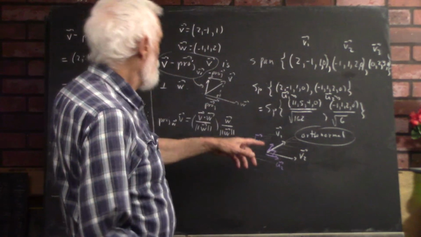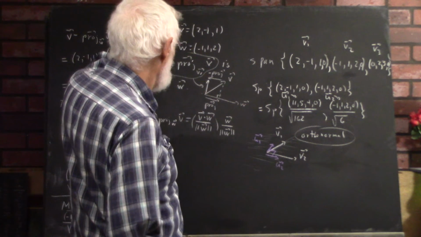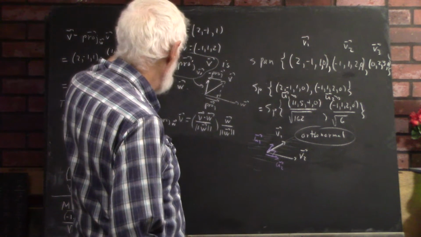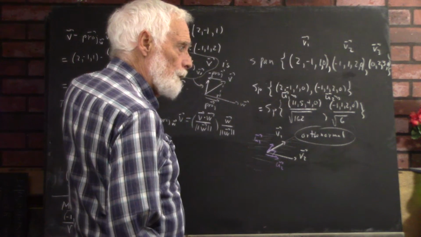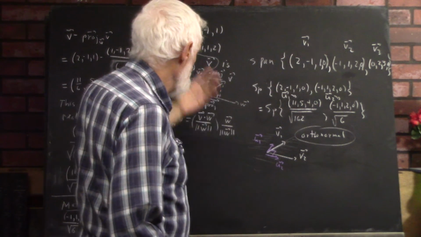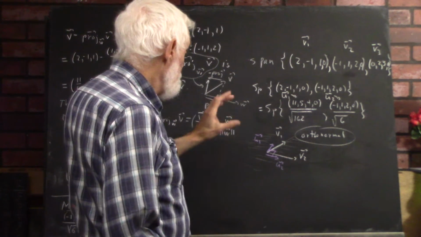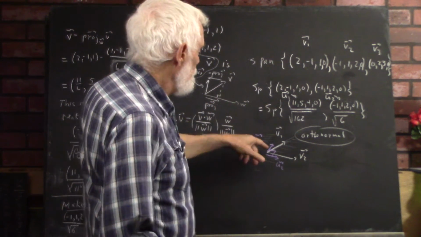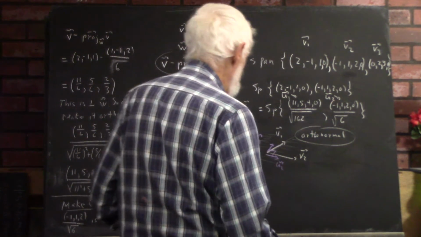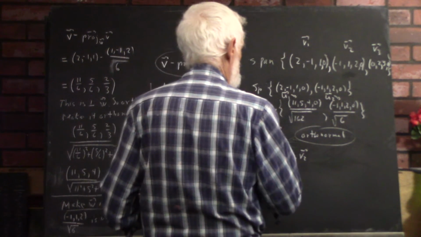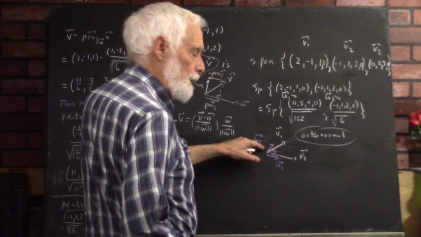Because if they were, the projection of v on w over here, and think of this as v1 and v2 right now, this projection would have been 0 if they were orthogonal. They weren't. It's pretty small projections, so they're pretty close to orthogonal, but they were not orthogonal. So u1 and u2 span the same plane. And now this is an orthonormal set. They're both unit vectors, and that's very convenient.